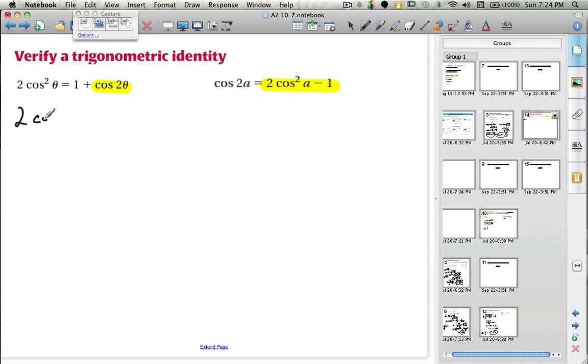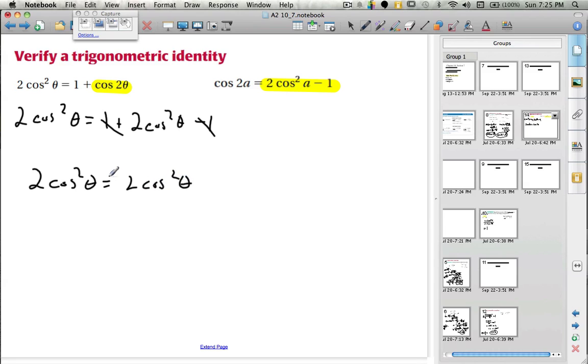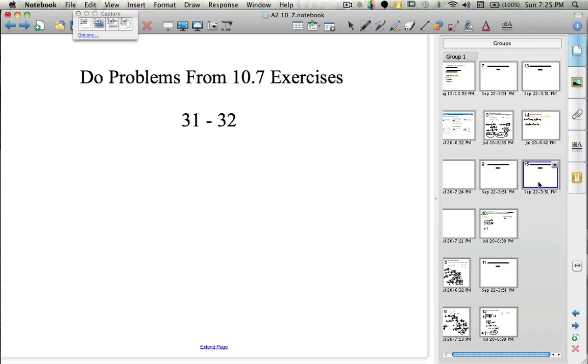Then I have 2 cosine squared theta is equal to 1 plus 2 cosine squared theta minus 1. And the 1 minus 1 will cancel. I'll just get 2 cosine squared theta equals 2 cosine squared theta. And I have verified my identity. Go ahead and do a couple of practice problems like this. Do problems 31 and 32. And that wraps up all the lessons from this textbook.